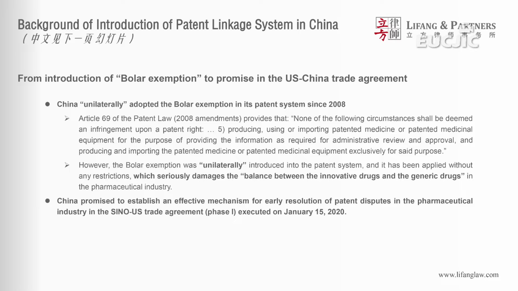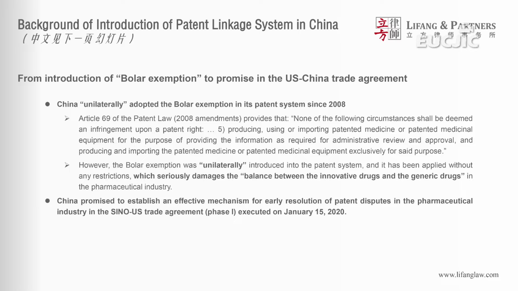In this way, it opens the door for a generic drug company to file its generic drug application, and the patent holder, before the generic drug is approved, has no way to stop the generic company. That is a unilaterally introduced Bolar exemption, which seriously damages the balance between innovative drugs and generic drugs in the industry.